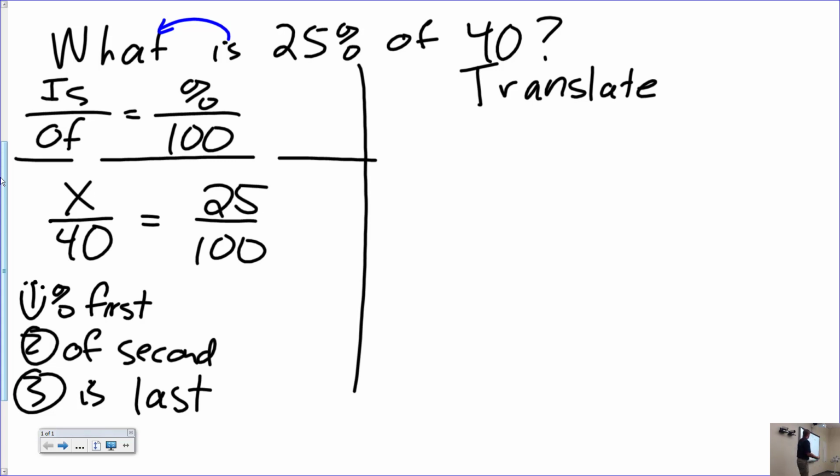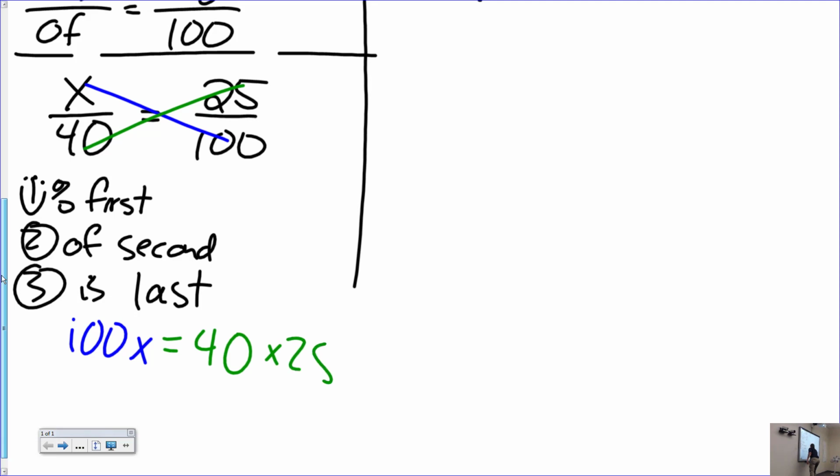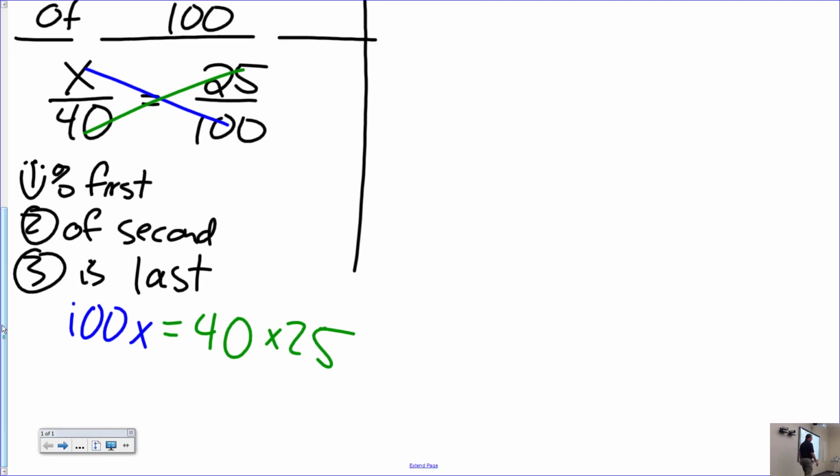So, anyways, the idea, right, is that you cross multiply, right? 100x, and then cross multiply the other way equals 40 times 25, and then just solve for x, right?